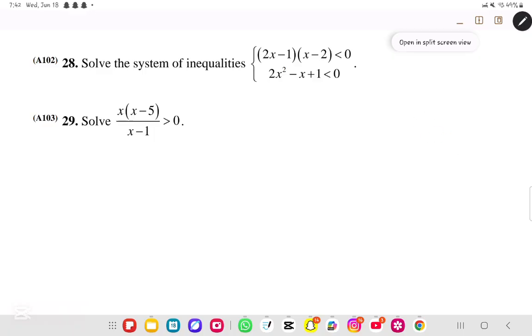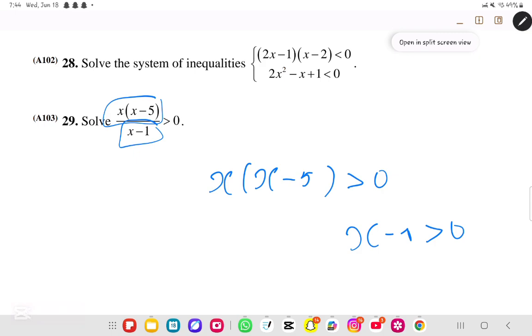They told us to solve this question over here. So they want x times (x minus 5) over (x minus 1) is greater than 0. So here very simply what they did, they separated the numerator and the denominator. So it becomes x times (x minus 5) is greater than 0, and then x minus 1 is greater than 0, right?